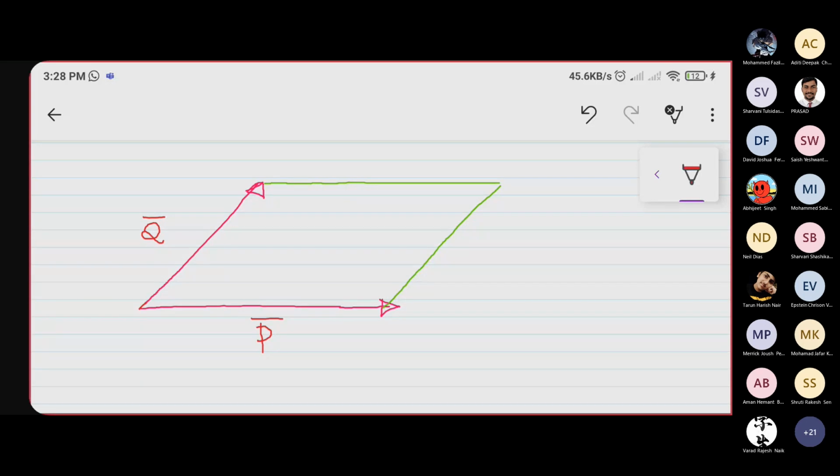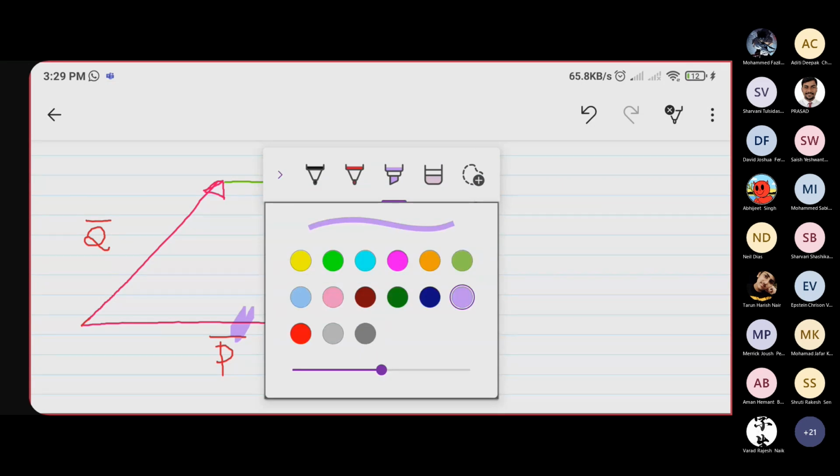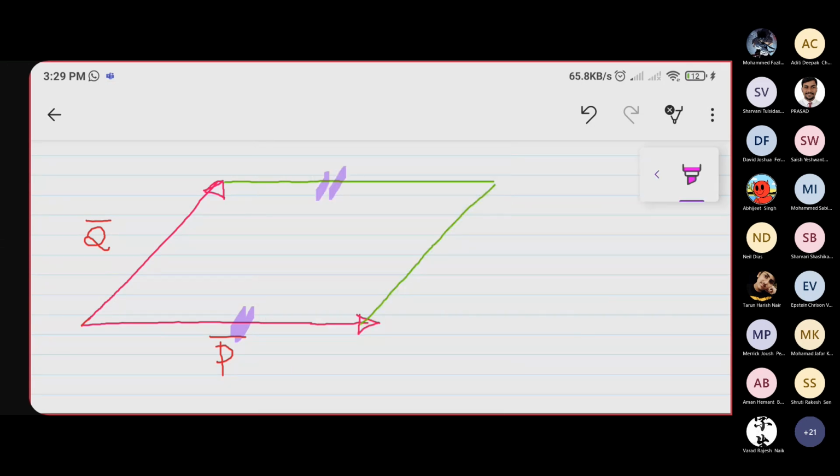Now, to show it, see, this P force and this are similar.